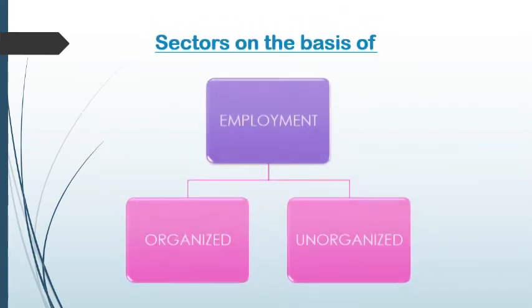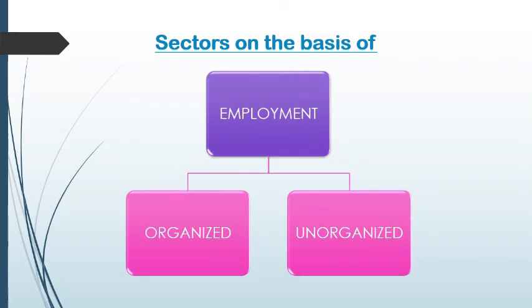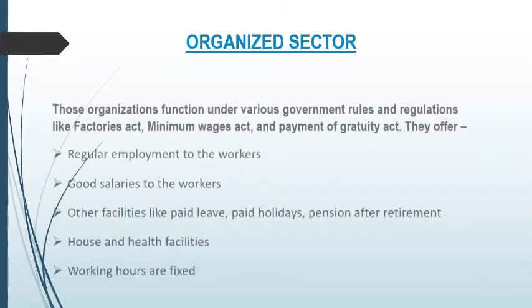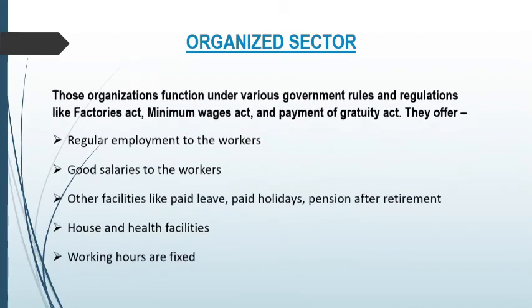Sectors on the basis of employment are divided into 2 categories. First, organized sector, and second, unorganized sector. Those organizations which function under various government rules and regulations like Factories Act, Minimum Wages Act and Payment of Gratuity Act are called organized sector.